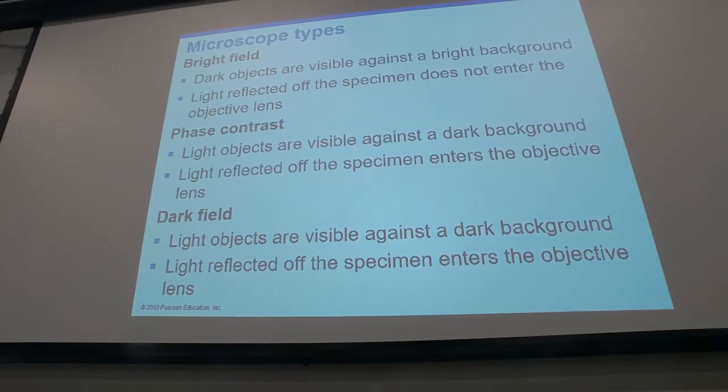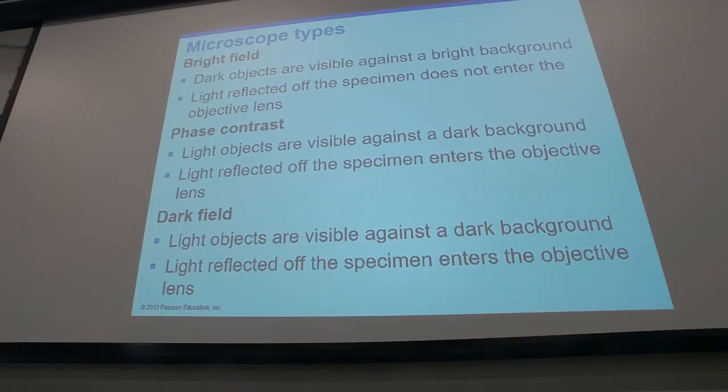So then for microscope types, we have bright field, we have phase contrast, and we have dark field. With bright field, you have the object surrounded by a bright, clear field around the object. The object is going to look dark.